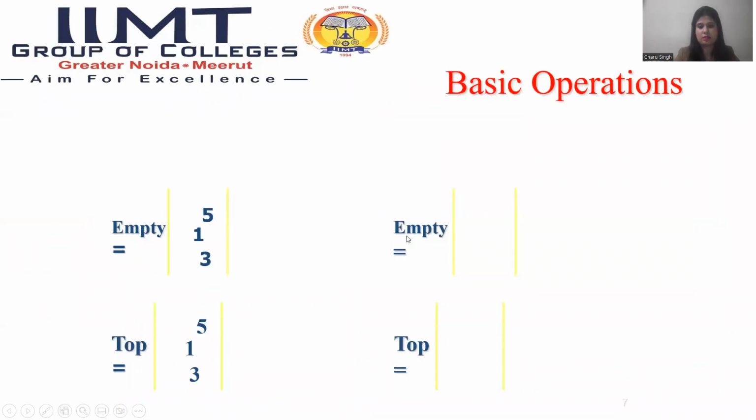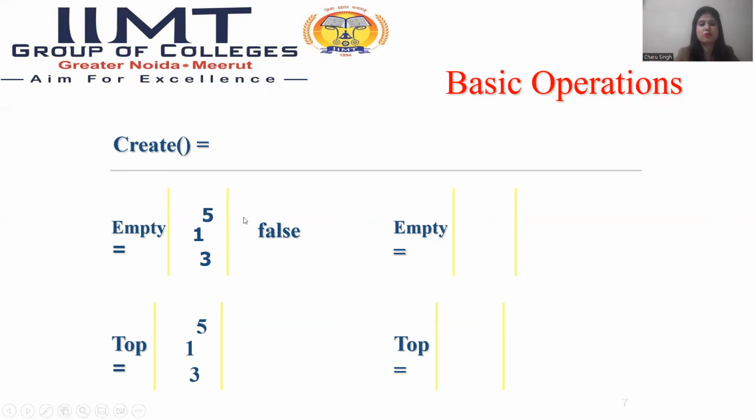So let's check out some basic operations. Like we have some stack over here. If we try to create some stack, every time we have to insert some element, that means we have to push the elements.